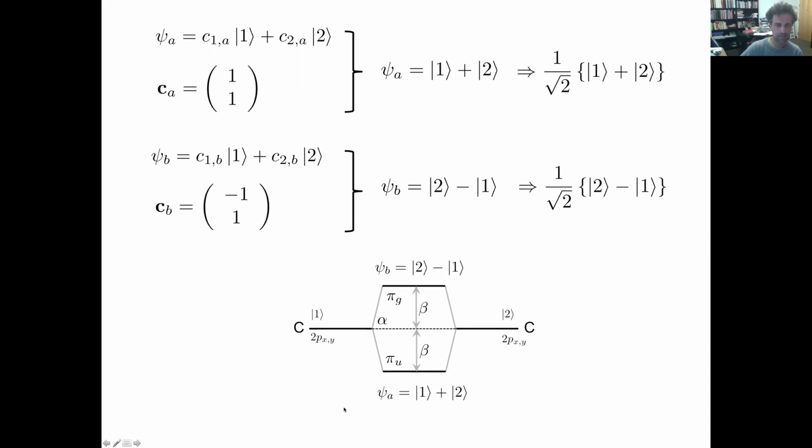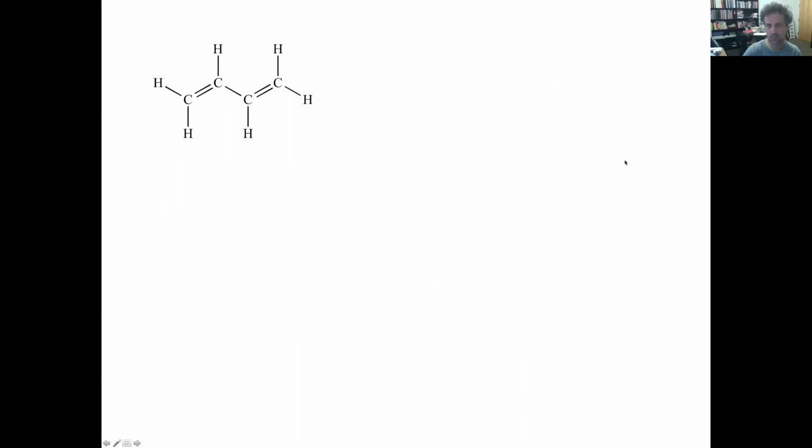Okay. Now, let's make this a little bit more complicated, because a 2x2 matrix is the simplest possible case, okay? But of course, there are more complicated scenarios. So let's look at butadiene, which is also a molecule we looked at basically during Wednesday's lecture.